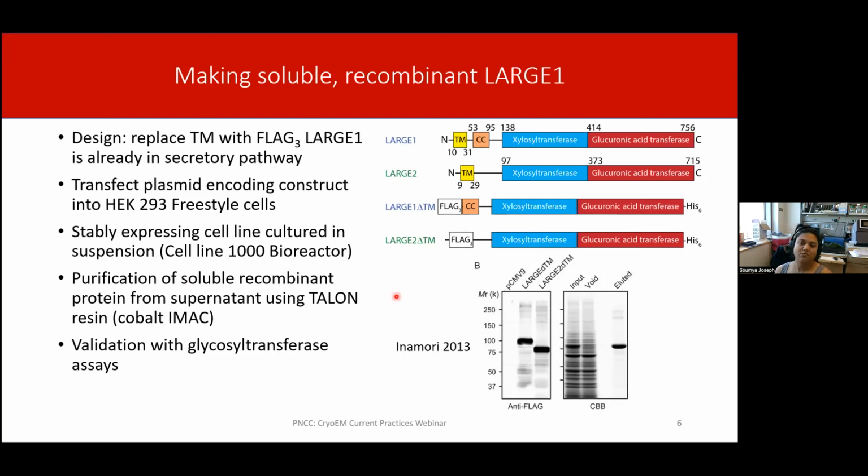And so this prevents any effects from toxicity. We can get a huge amount of protein, as I'll show you in the next slide. And then we go ahead and validate our construct for both enzyme activity and monodispersity, prior to trying any cryo-electron microscopy.